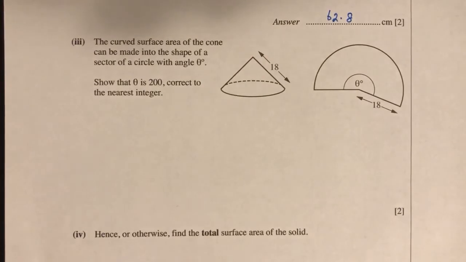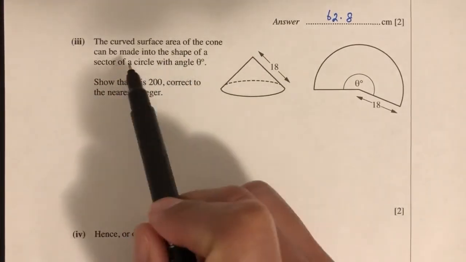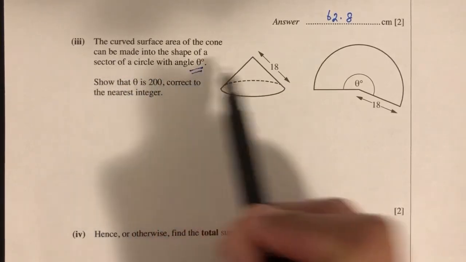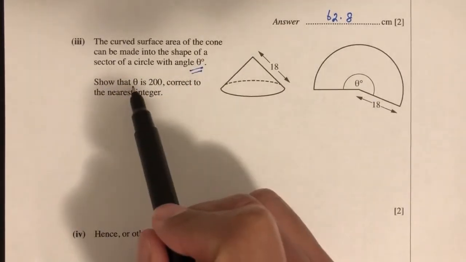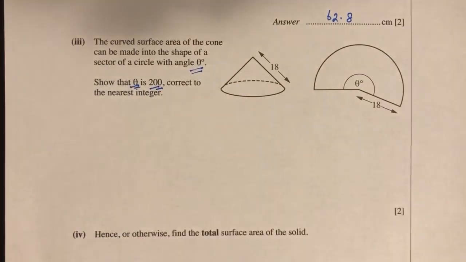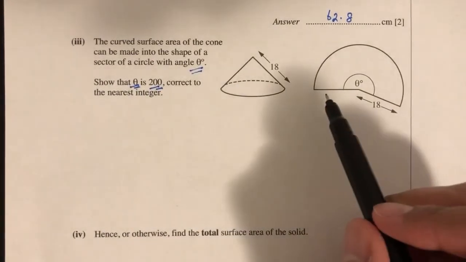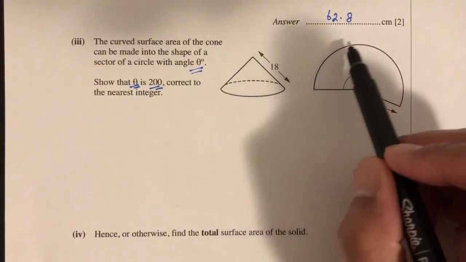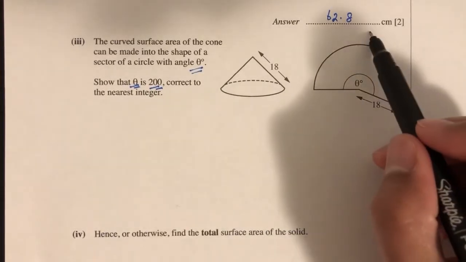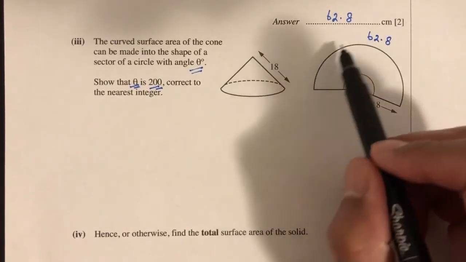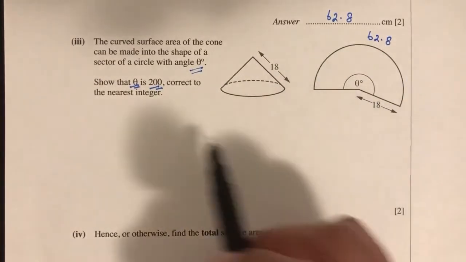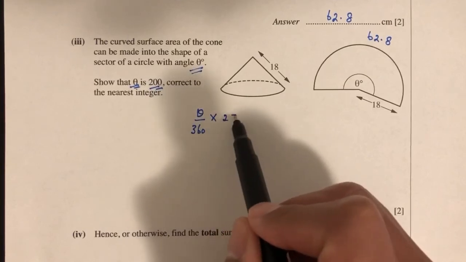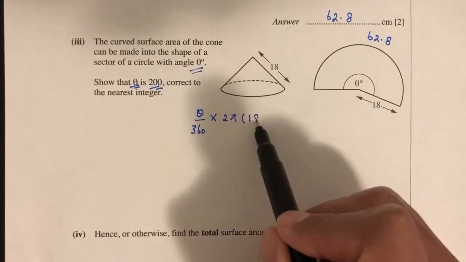Now for part 3, the curved surface area of the cone can be made into the shape of a sector of a circle with angle theta. Now, show that theta is equal to 200. So how would you show that? You would show that because you just found the circumference of the cone. So basically this side here is equal to 62.8. So how do you find the length of arc? You take the angle divided by 360 times 2 pi r, where r here is 18.